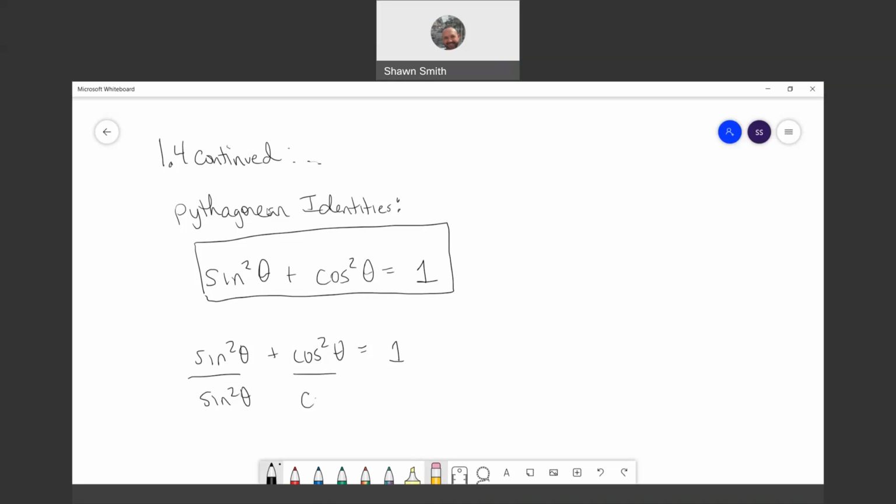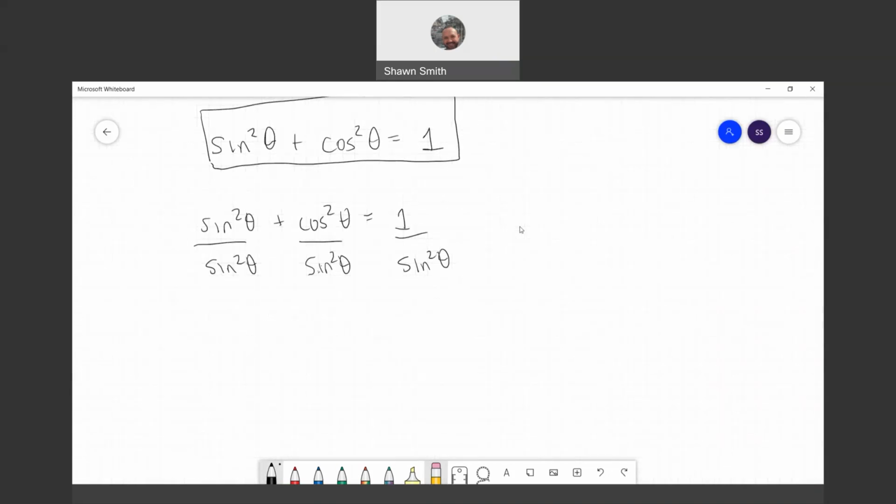And sine squared is being divided by everything. I almost said cosine. So from here, we can simplify these. Sine squared over sine squared, same number divided by same number, is 1.